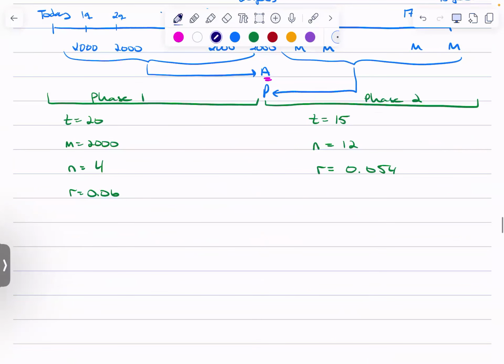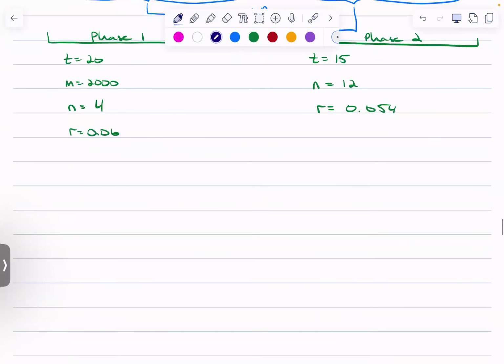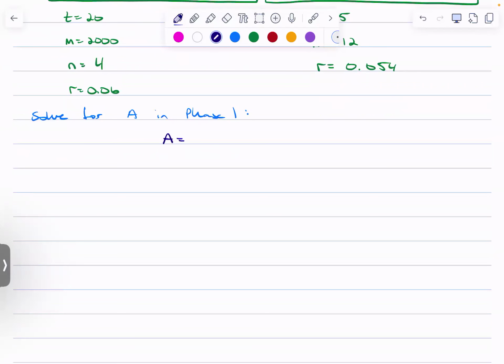Here we go. Solve for A in phase one. A is M times 1 plus R over N to the N times T minus 1, divided by R over N. Let's do this thing.